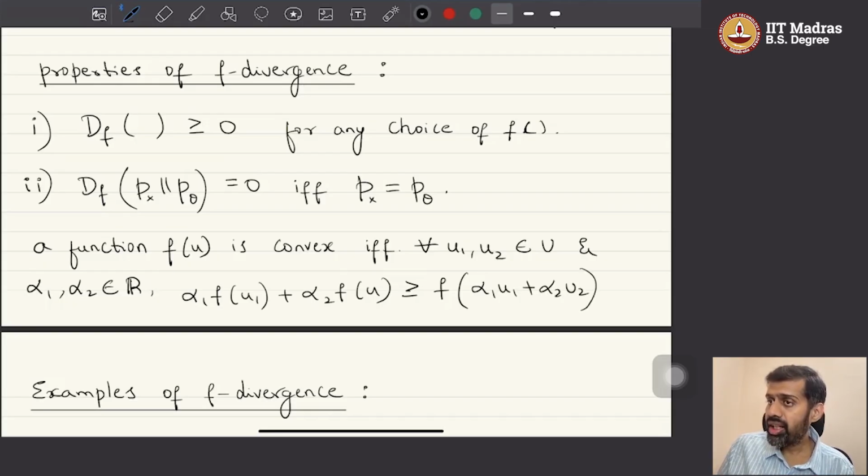This is the definition of what a convex function is.